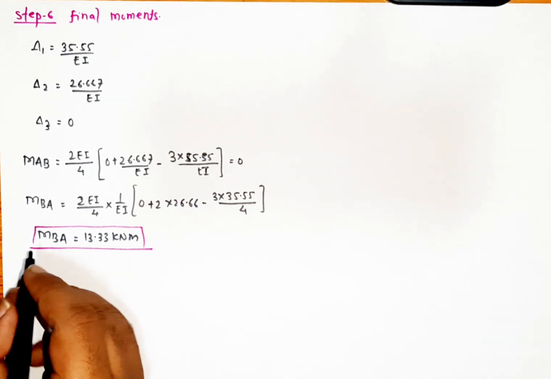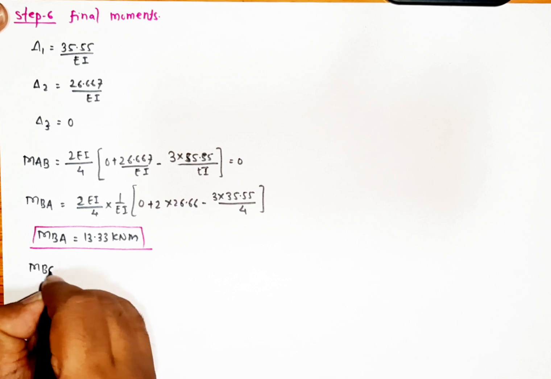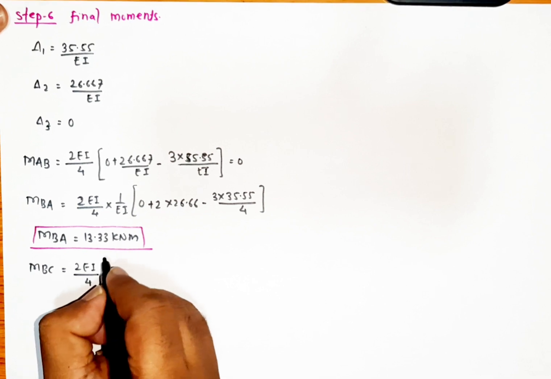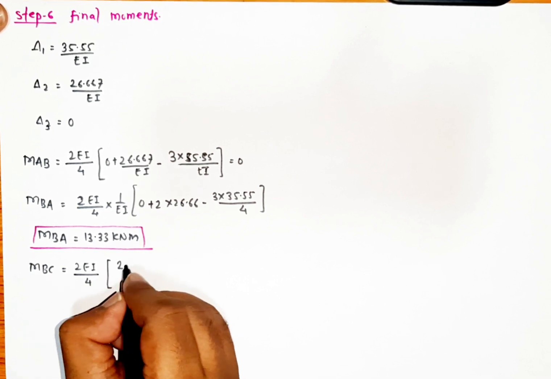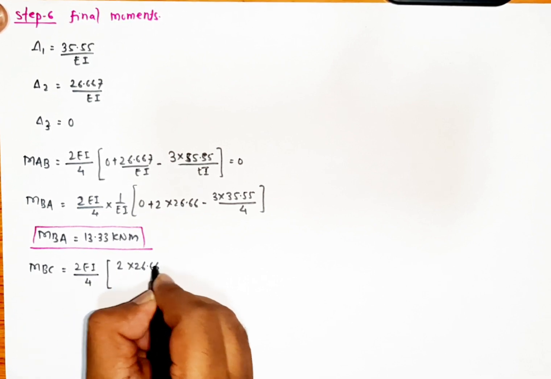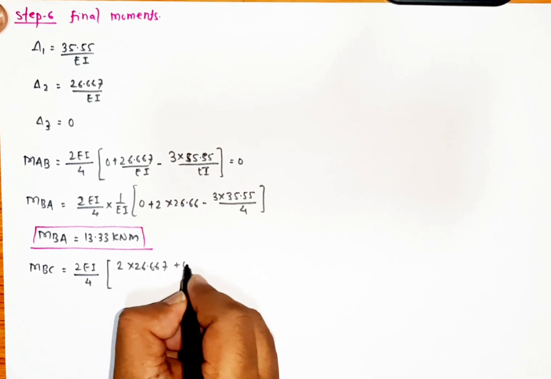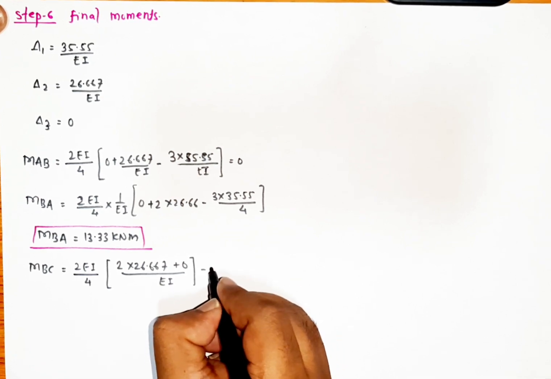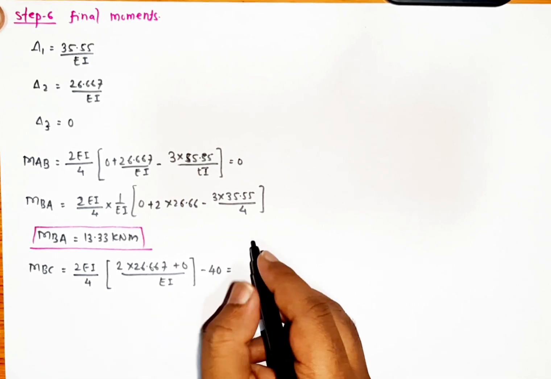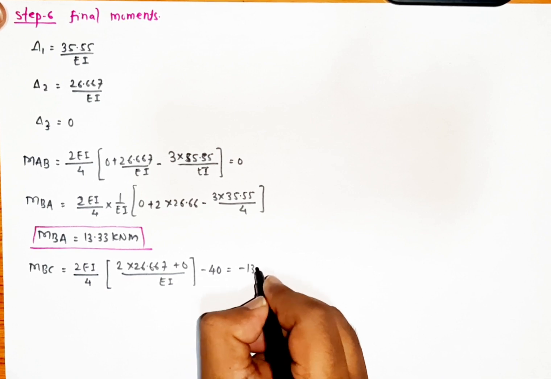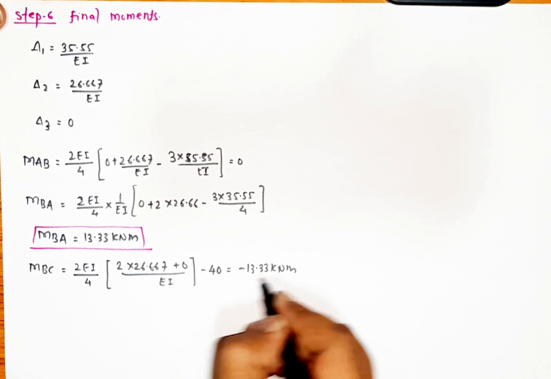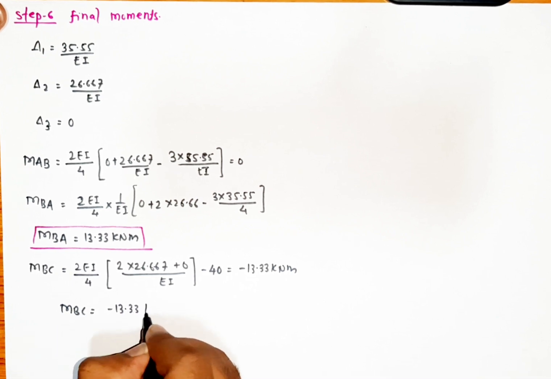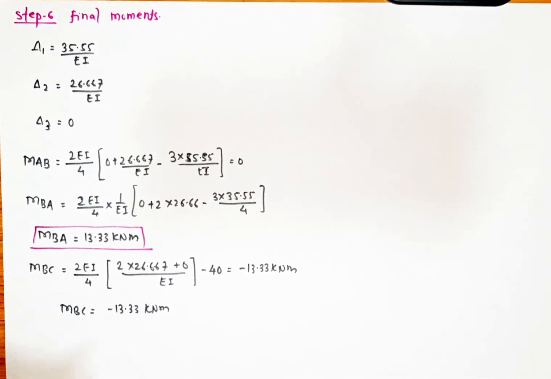Now next MBC. Therefore MBC is equal to twice of EI divided by 4 into twice into 26.667 plus 0 divided by EI, minus 40. Minus 40 is the fixed end moment of BC. Therefore MBC is equal to minus 13.33 kilonewton meter.